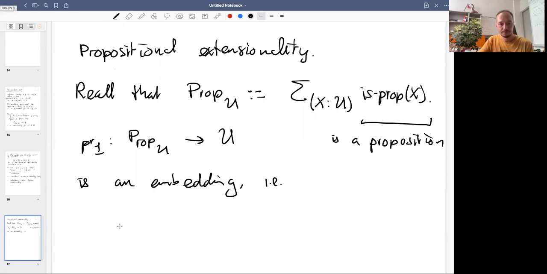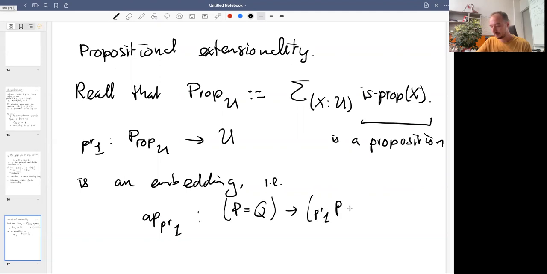Okay. So this map pr1, which goes from P equals Q to pr1 P equals pr1 Q, this map is an equivalence for this projection map.